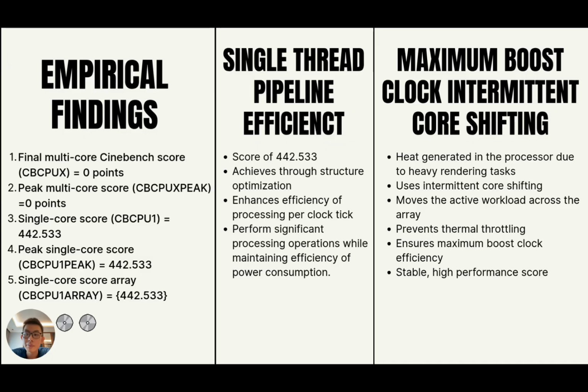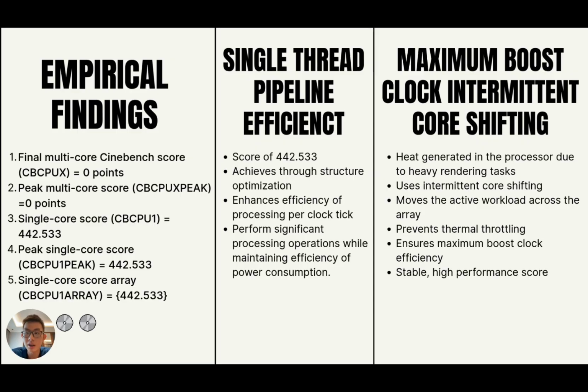Then, the maximum boost clock and intermittent core shifting. A 10-minute heavy rendering task can cause a lot of heat to be generated on the processor. Therefore, in order to maintain high performance, intermittent core shifting is used. While the test only uses one core, the processor dynamically moves the active workload across the array.